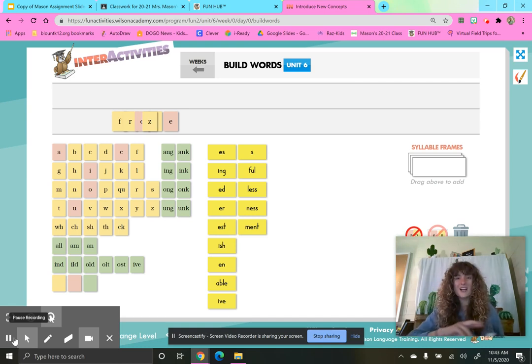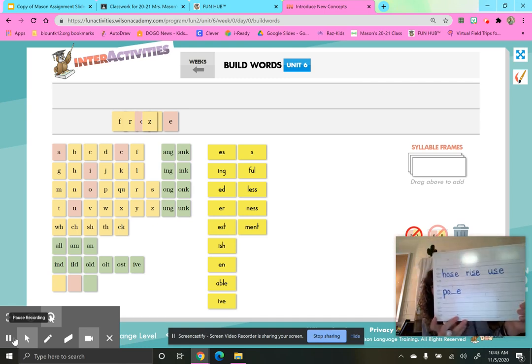Use. Here's the next word I want you to build. Pose. What's the word? Pose. Let's tap it. P-O-Z. Pose. What says P? What says O? We're going to leave a space for Z. And what is going to make that O say its name? Pose.